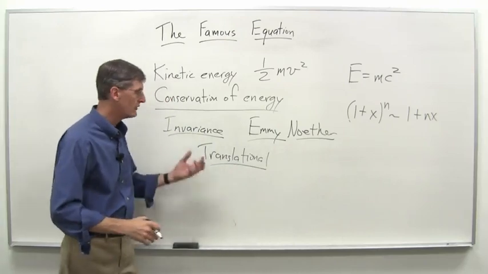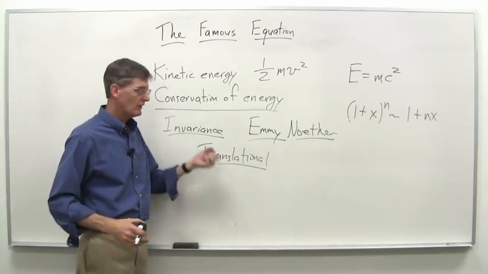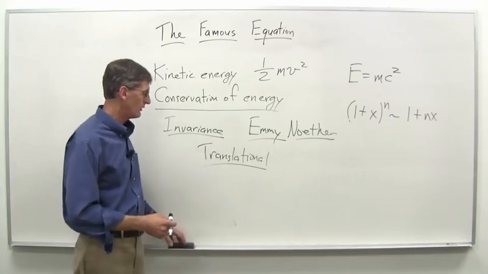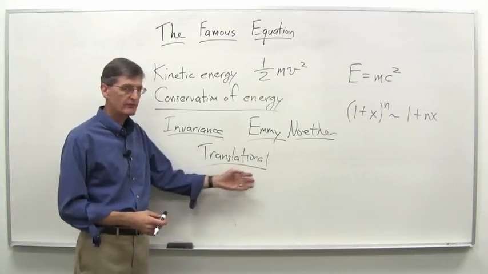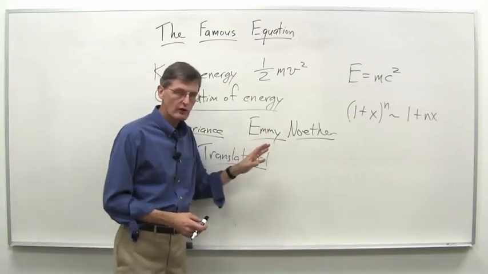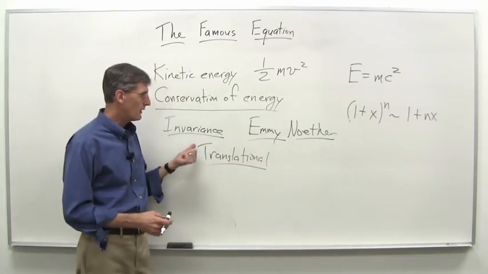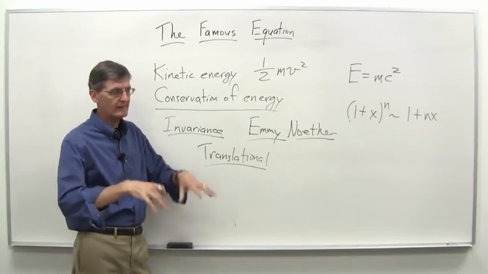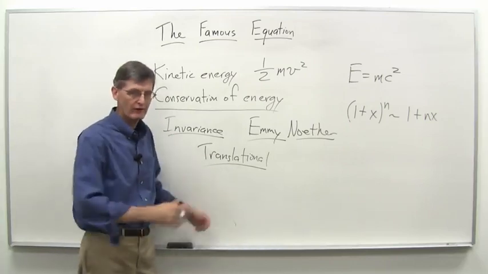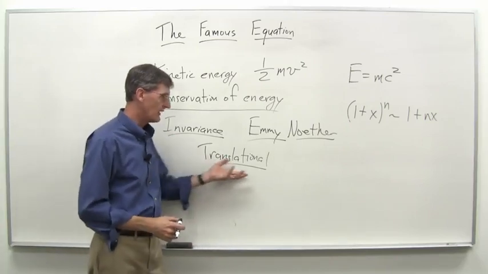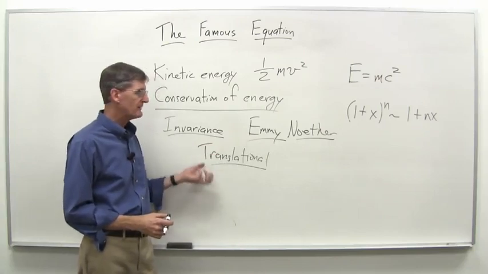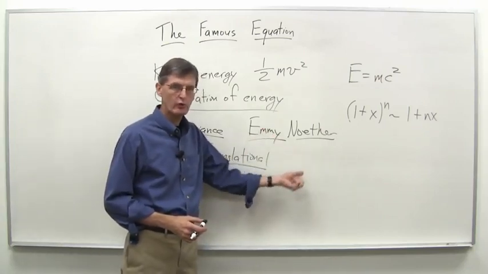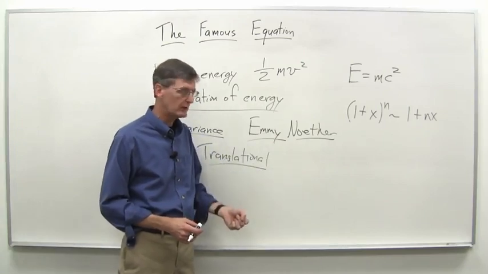In other words, where you do the experiment in the universe shouldn't matter, again, assuming the other conditions are equivalent. So that's translational invariance. And out of that, Noether showed that the concept of conservation of momentum came out of that. Again, momentum is beyond our course, but just the idea of translational invariance is connected up with conservation of some quantity, in this case, conservation of momentum.